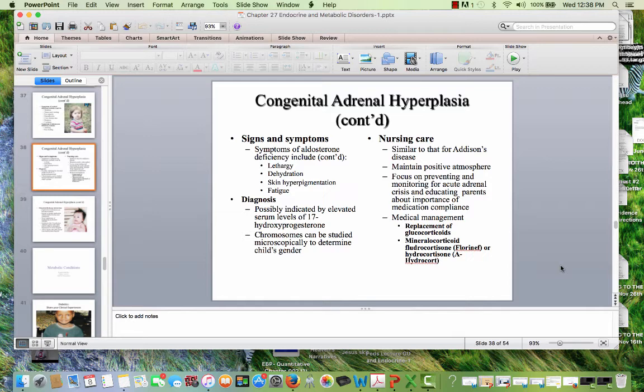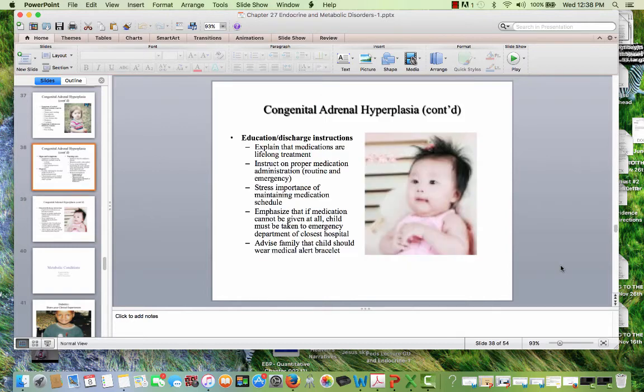So the doses will need to be doubled or tripled during the period of crisis. And this is referred to as stress dosing that I think I had mentioned earlier. So the most common medications administered are hydrocortisone and Florinef as well, which is mentioned here on the slide. So go through and just review these meds.